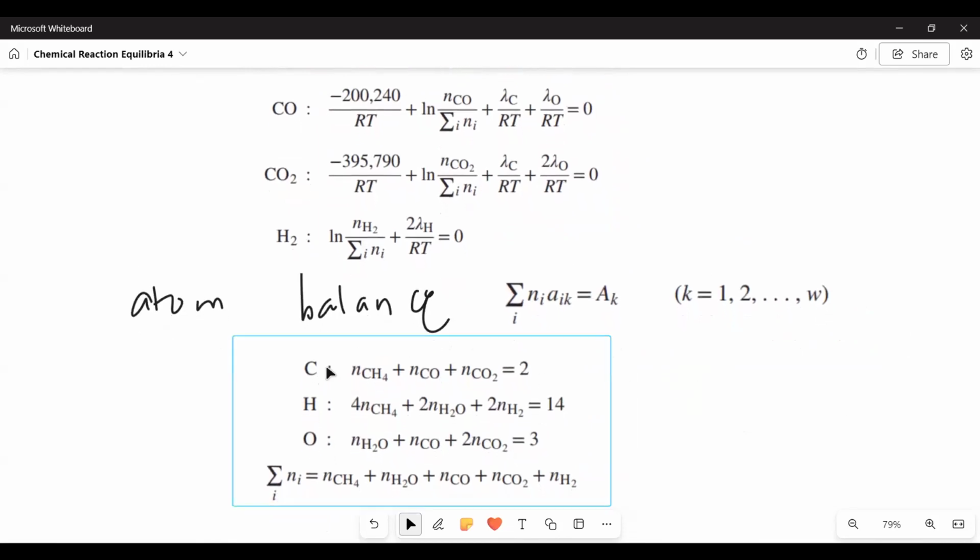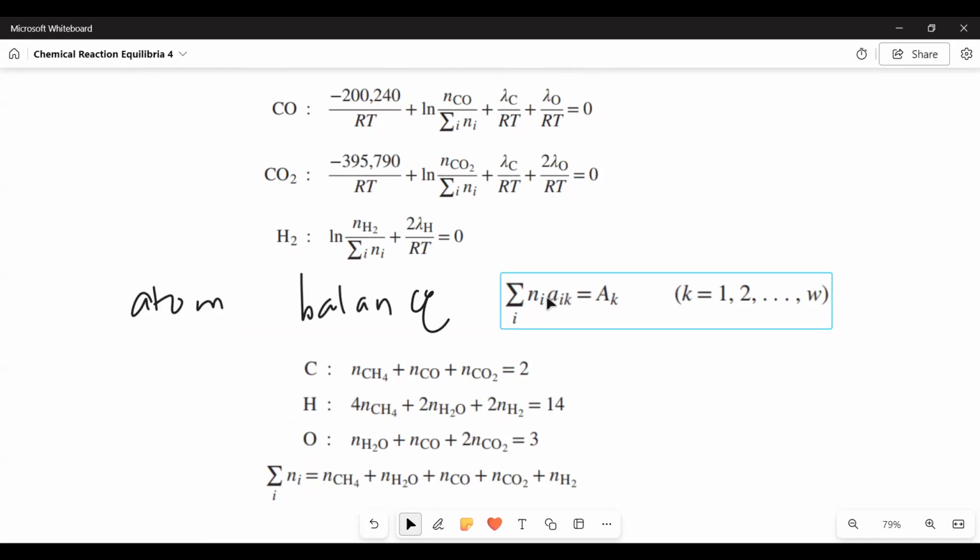So for carbon, there is carbon in methane, carbon monoxide, and carbon dioxide. And remember, our capital letter A sub k earlier is 2. So this is the initial number of moles of carbon in the system. And next for hydrogen, it's important to note that we multiply the number of moles with the coefficient small letter a sub i k.